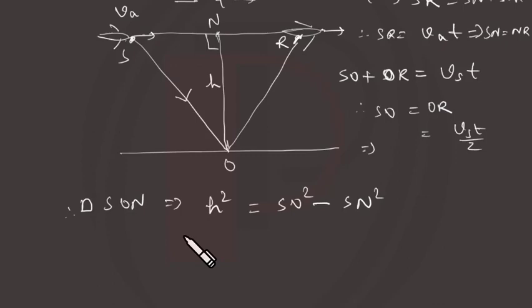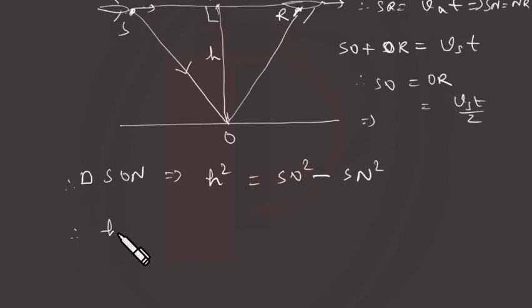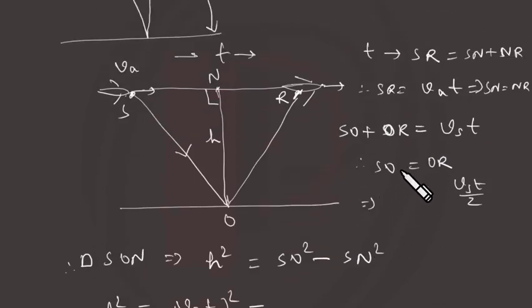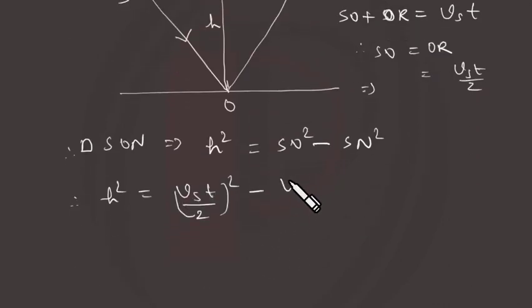So h square equals (Vs t by 2) whole square minus SN, which is half of the aeroplane's distance, Va t by 2, whole square.